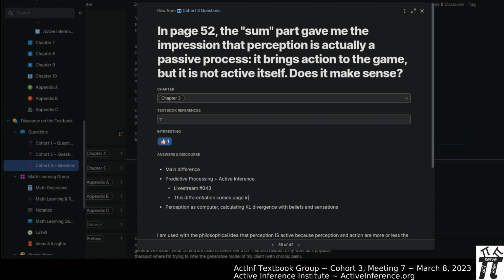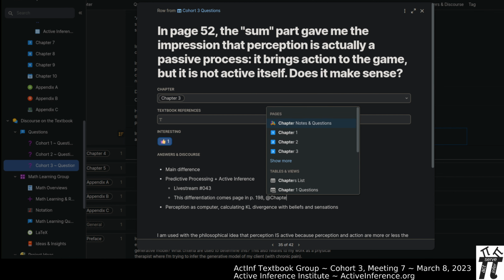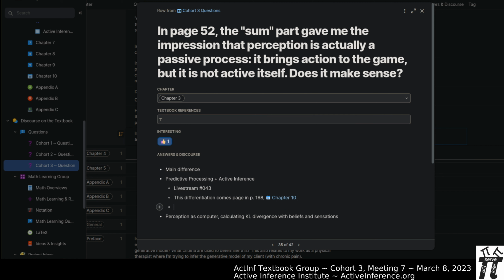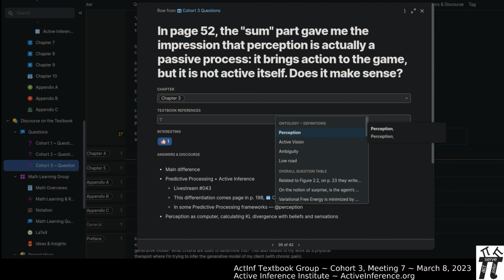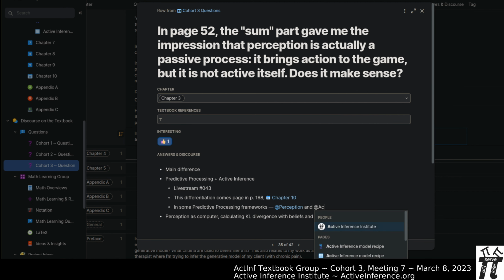But just very briefly, although in some predictive processing frameworks, such as embodied or action-based predictive processing, perception and action can somehow be correlated with each other, if not exactly synonyms to each one.